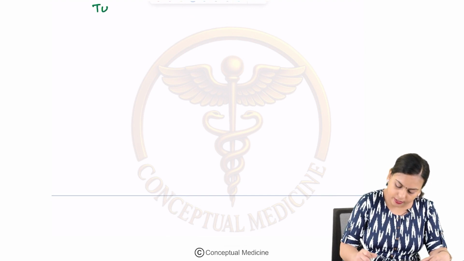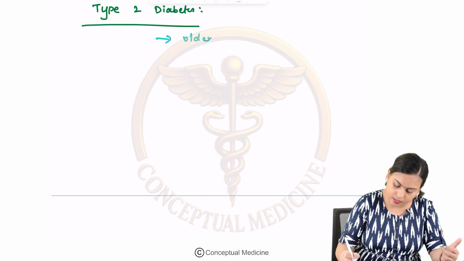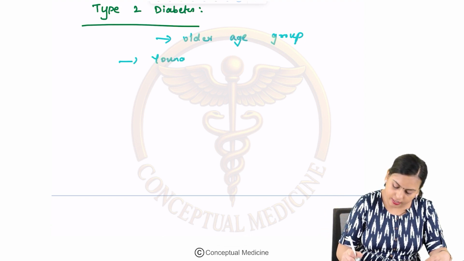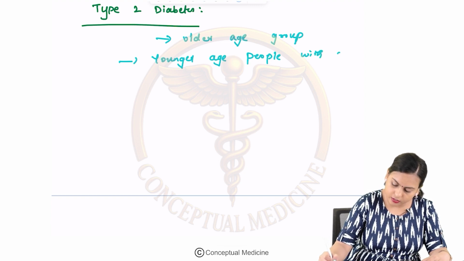Type 2 diabetes is mostly seen in older age group, or it can also be seen in younger people with obesity.